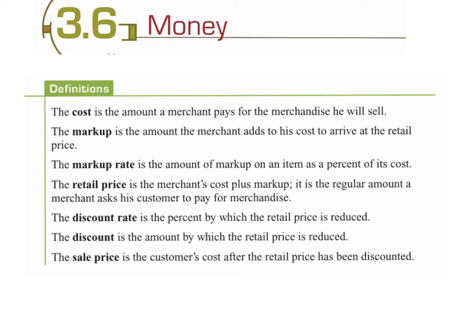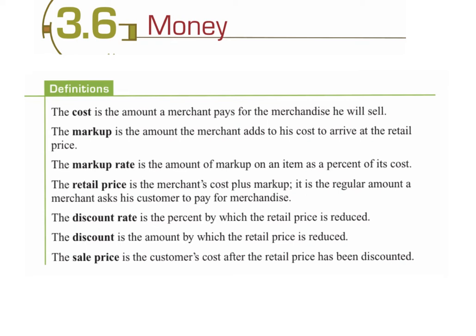The markup rate is just a percentage. So if I bought it for $10 and I added 3 to the cost, the markup was 3, but the markup rate is going to be the markup divided by what I paid for it. So that's the percentage of what I marked it up.